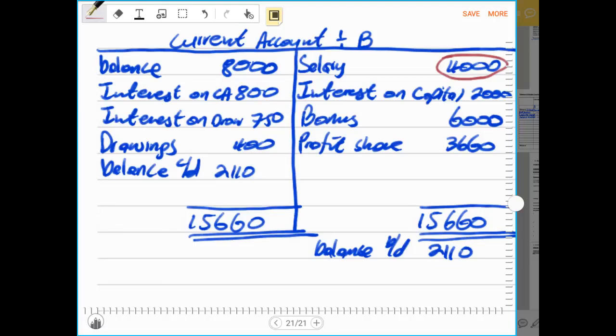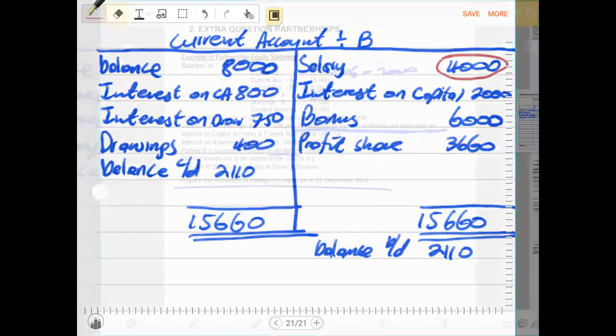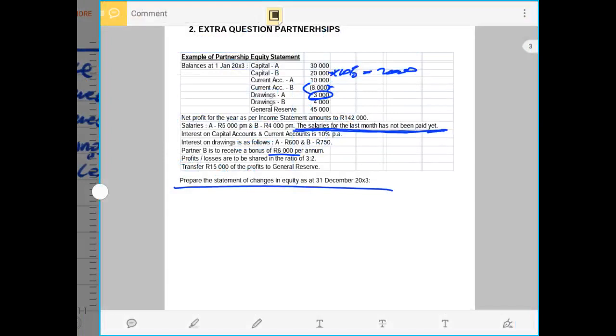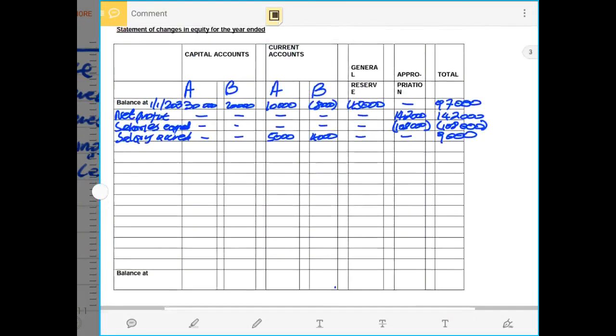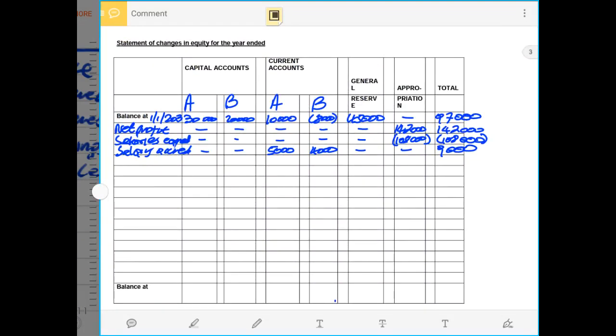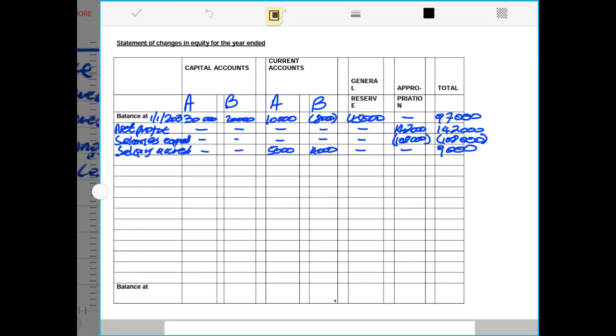Then we continue with our statement. We have covered the net profit and the salaries. Let us go to the interest on capital.